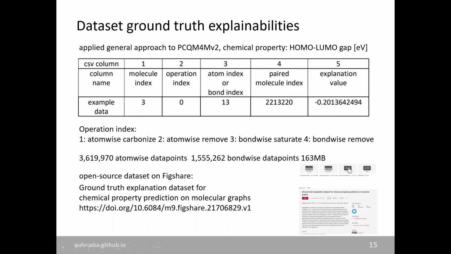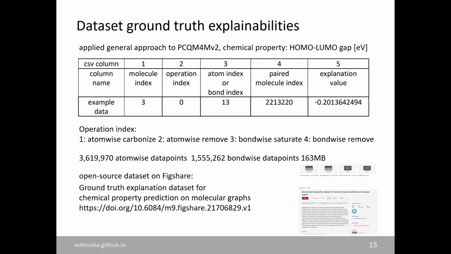So with this approach, I got around 3.5 million atom-wise data points and 1.5 million bond-wise data points. These are separated just in case one wants to predict just atom-wise or bond-wise explanations.